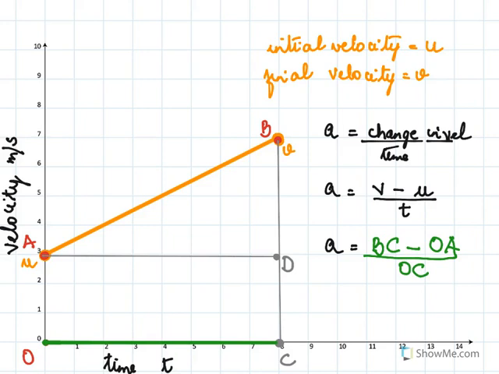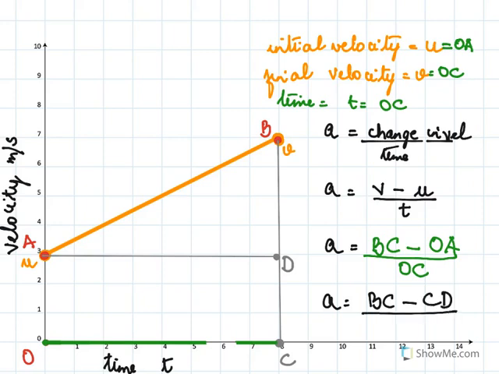So we know our u here is OA, our V is BC, and the time taken t is denoted as OC. There's another point we need to note: OA is equal to CD. So for acceleration, we do BC minus, for OA I'm putting CD, over t.